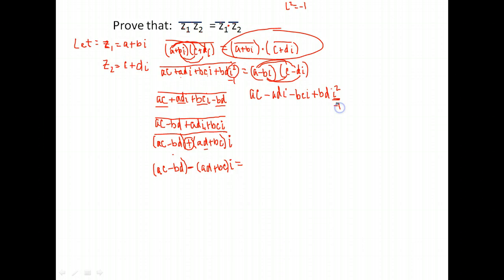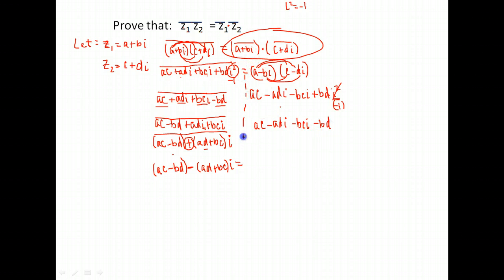Replace the i squared with a -1, because we can't have i squared in our simplified answer. We replace it with its equivalent, -1. So now I have AC minus ADi minus BCi, and then BD times a -1 would be a negative BD.